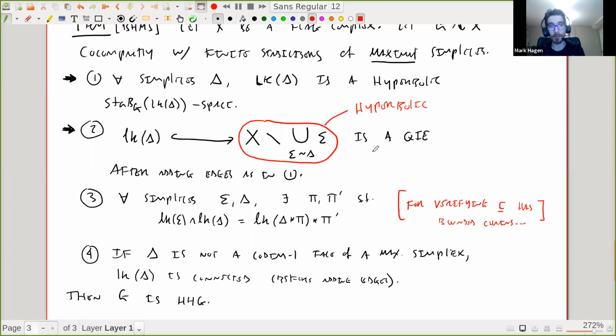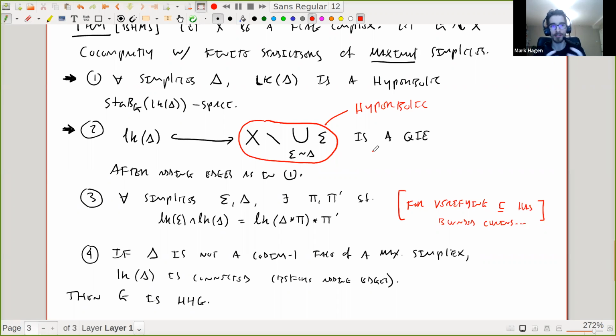Now the link is quasi-isometrically embedded by hypothesis, and quasi-isometrically embedded subspaces of hyperbolic spaces admit coarsely Lipschitz retractions, and that's what you use to define the pi maps in the HHS data.